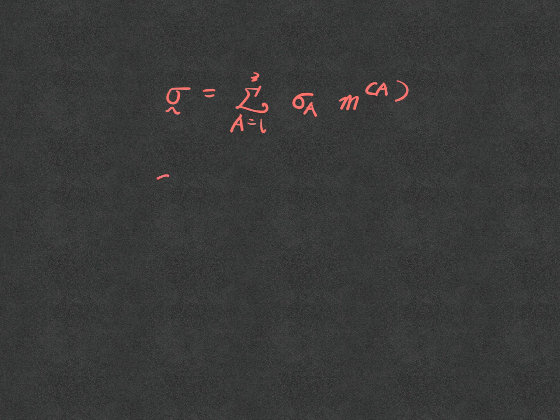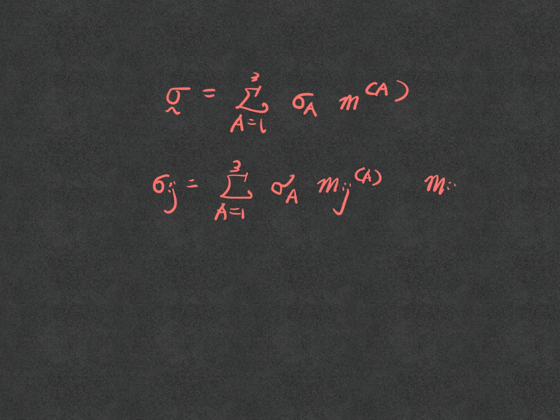The individual components can be written as this, and M_ij^A is equal to N_i^A N_j^A.